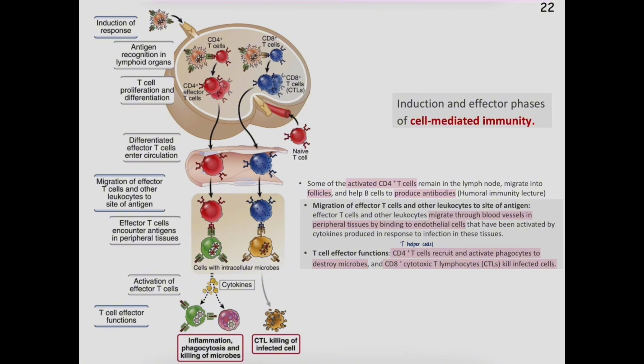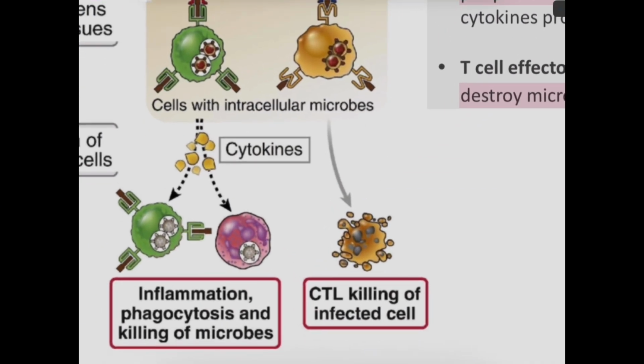So now that we have our differentiated T cells, they're going to enter the circulation and they're going to migrate into the site of the antigen. Now once they migrate into the site of the antigen, they are going to start performing their effector functions. As we can see here, we have release of cytokines, which is mainly by the CD4 positive cells, and this is going to lead to inflammation, phagocytosis, and killing of microbes.